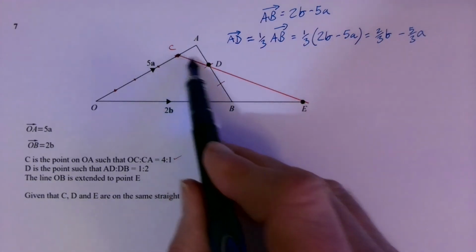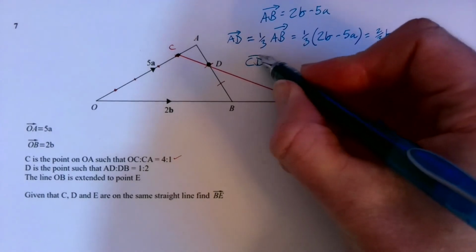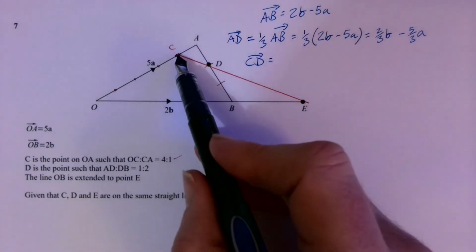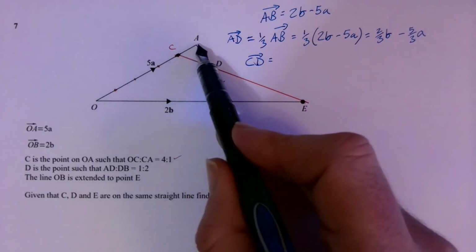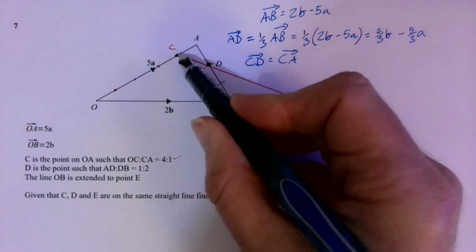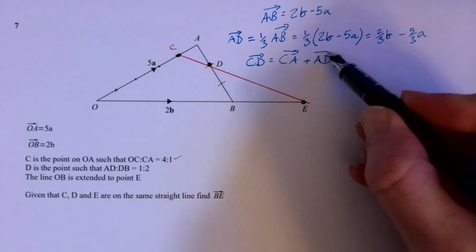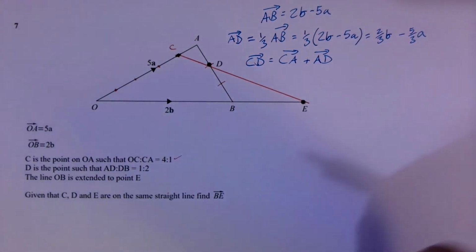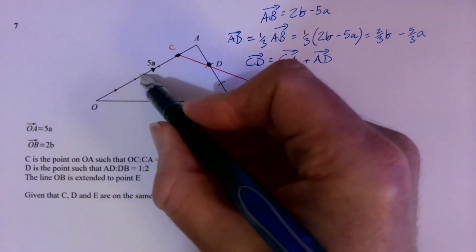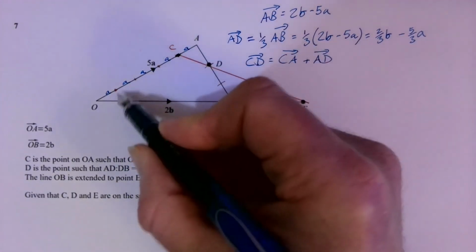And I'm also going to need to consider CD, don't I? So CD, hopefully this is starting to get a little bit familiar now, is going to be made up of me going to A and then going from A to D. And that will give me the same thing all in all. So CA, because this is into fifths, each one of these must be 1A.